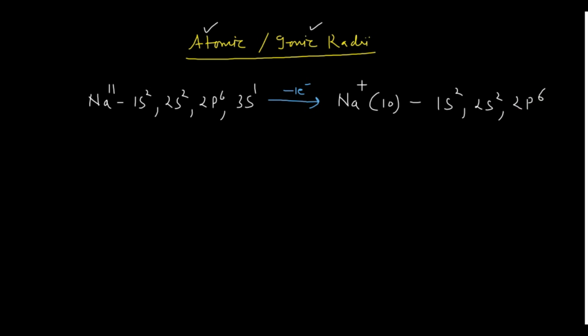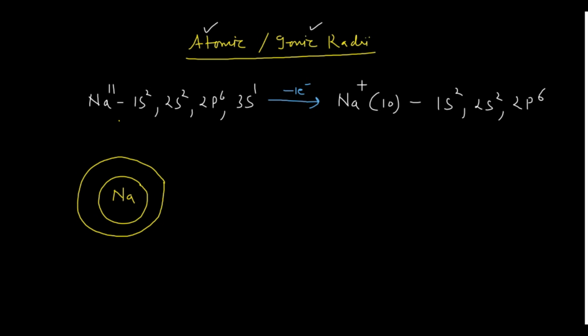You can understand it like that. If you are a very beginner, in junior classes, say a 10th class or 9th class student following this lecture, then for such students I can write it like this. This is sodium, say this is the sodium nucleus, and this is the first shell, and this is the second shell.